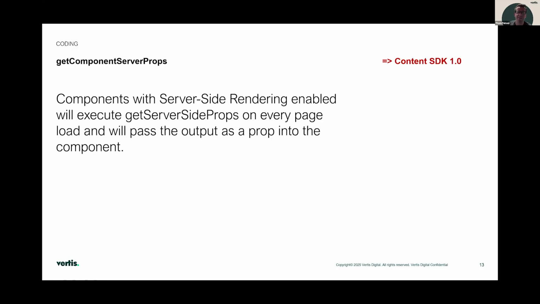Now for the Content SDK, which is the newer version of the XM Cloud SDK, they consolidated those two functions into getComponentServerProps. So getComponentServerProps is being called both at build time and on every page load.